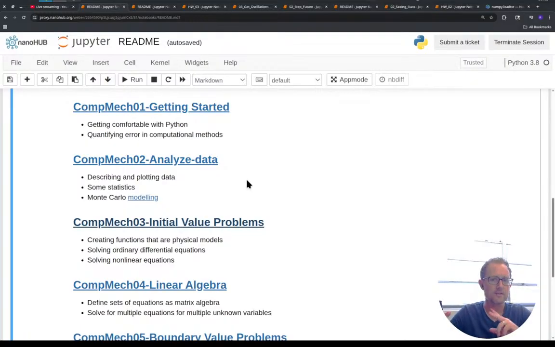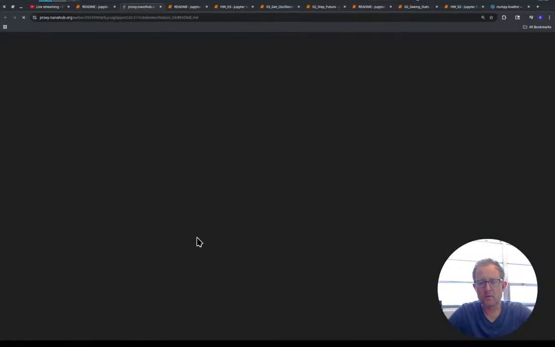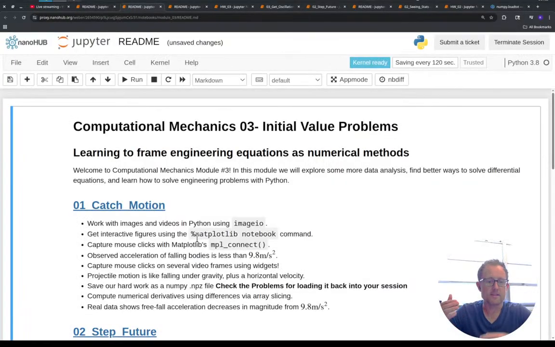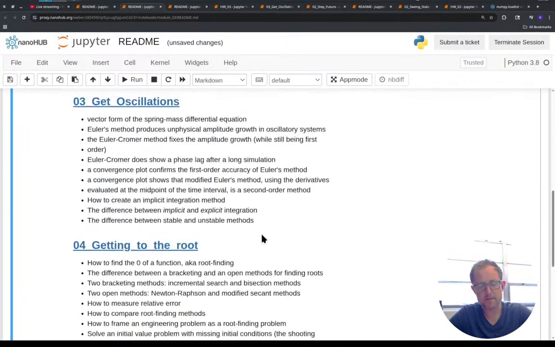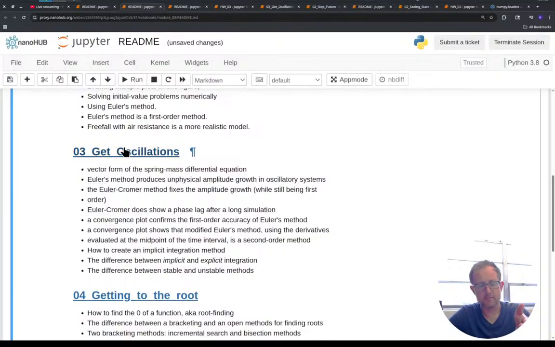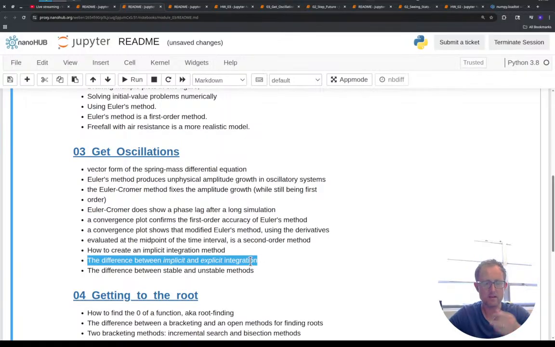There were two main things I wanted to look at deeper. One was the difference between implicit and explicit methods, which is introduced in this case for oscillating systems. We'll take a look at that first.